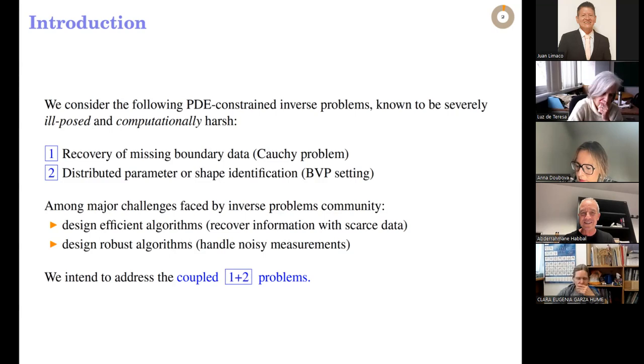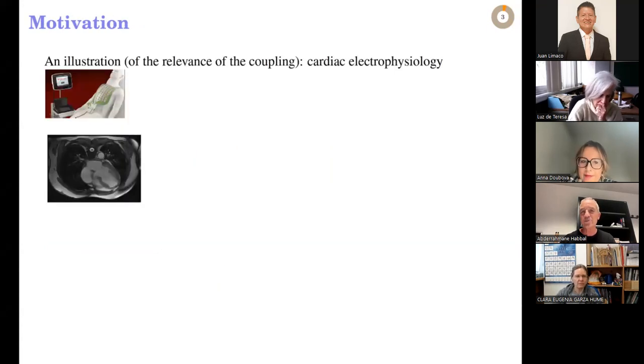So let me first give a very short practical motivation for why we need to look at the coupled problems. This motivation is related to cardiac electrophysiology. You see here a patient wearing an electro vest, made of sensors that wrap the whole chest of the patient, and these sensors are made of emitters and receptors.